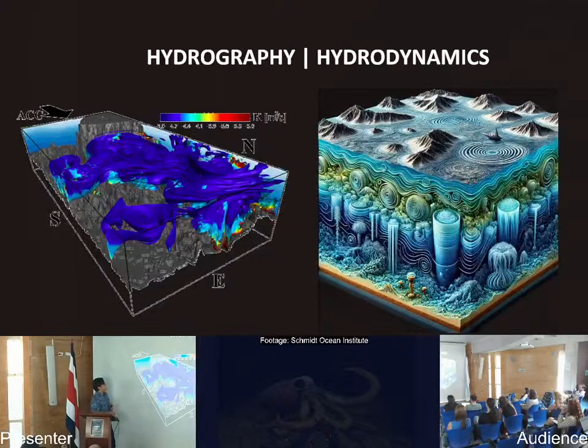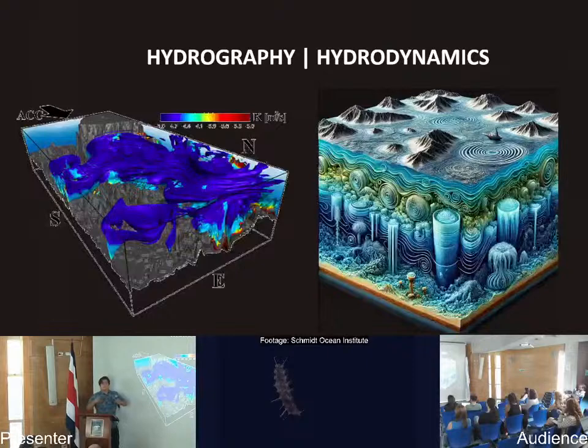On the other hand, hydrodynamics is strongly linked to what we find in hydrography, but it is more related to the physical forcing and how the actual water masses are moved across different depths and layers.